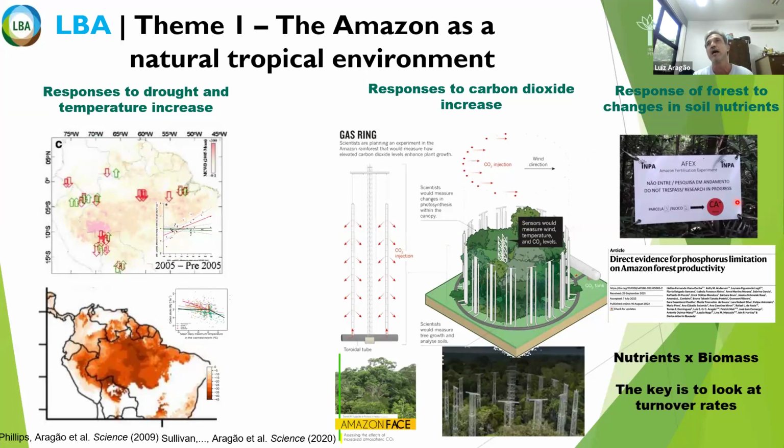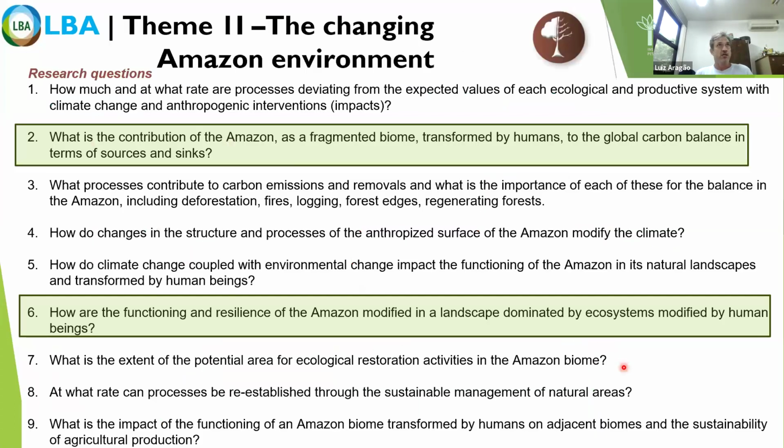We have also been supporting the AFEX, the Amazon fertilization experiment that may answer several questions, especially the one that was also asked before about the nonlinear relationship between biomass and nutrients. And I can say that the key is to look at the turnover rates of the different tissues of the plants.